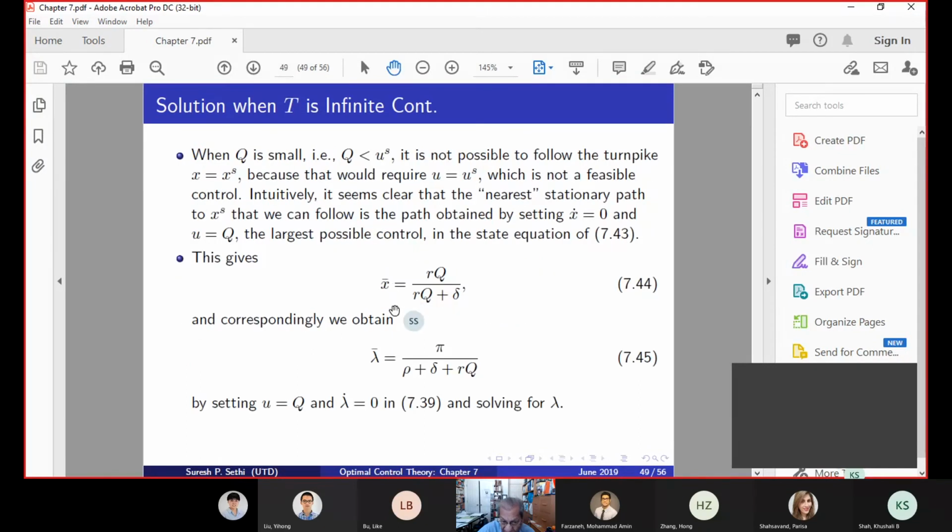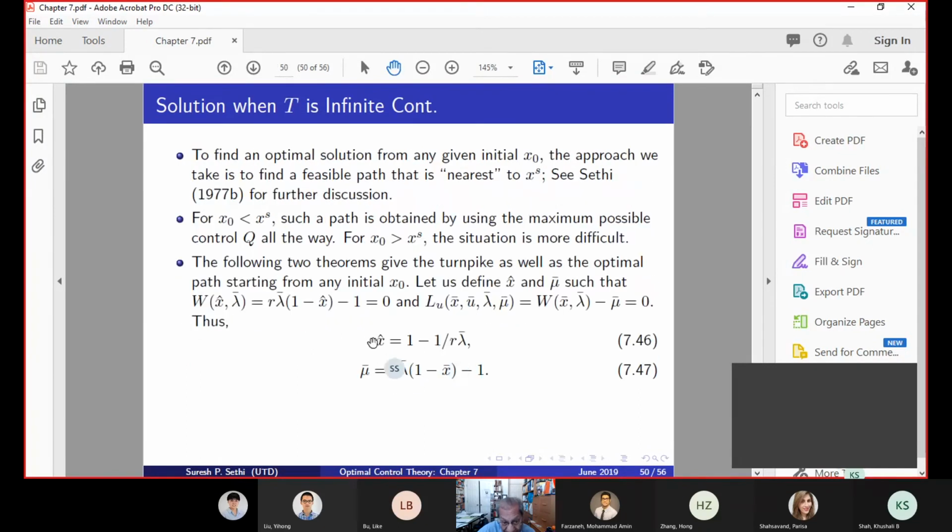So here's what happens. I got X bar, I got lambda bar. I need a point X hat. The switching function at that point will be W of X hat, lambda bar, which is going to be R lambda bar, 1 minus X hat, minus 1. I want that to be 0, right? So I want lambda to switch to lambda bar and X to switch to X hat and W go to 0.